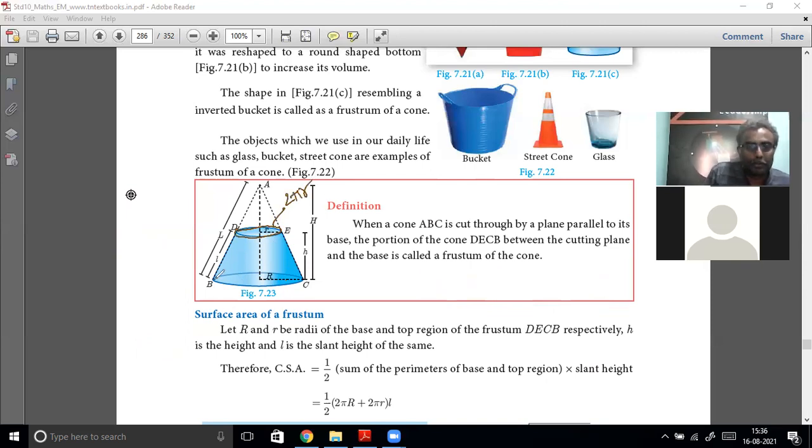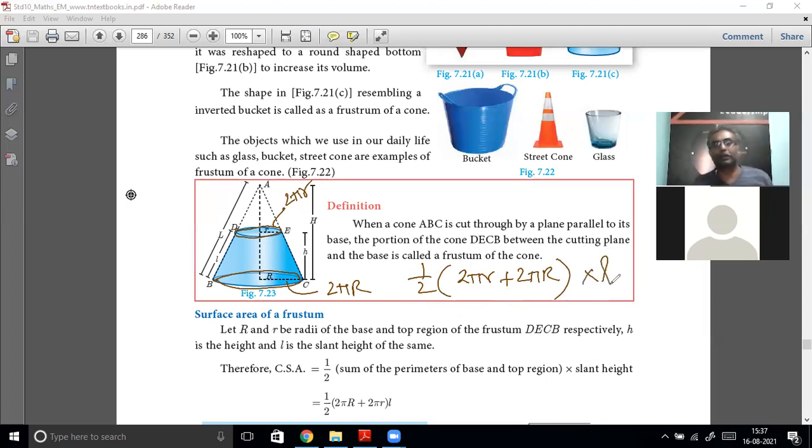Then you take the big circle: its circumference is 2 pi big R. Now you take the average of the small circumference and the big circumference, and then multiply by the slant height. That is all, you get the CSA. CSA of frustum is equal to the average of the small and big circumference into the slant height.